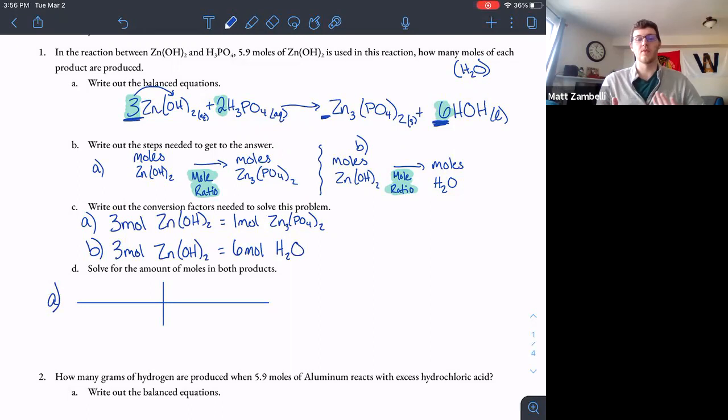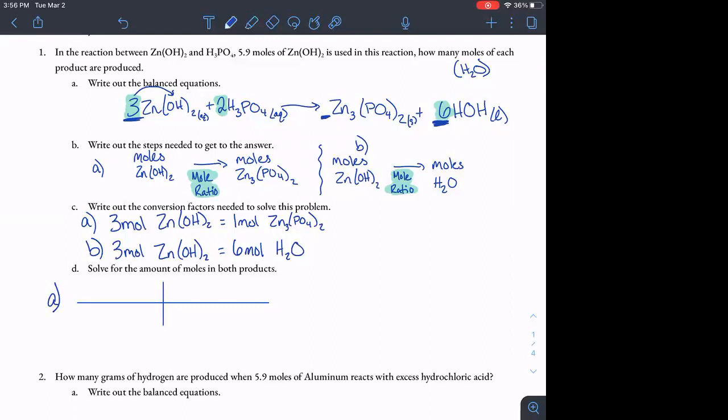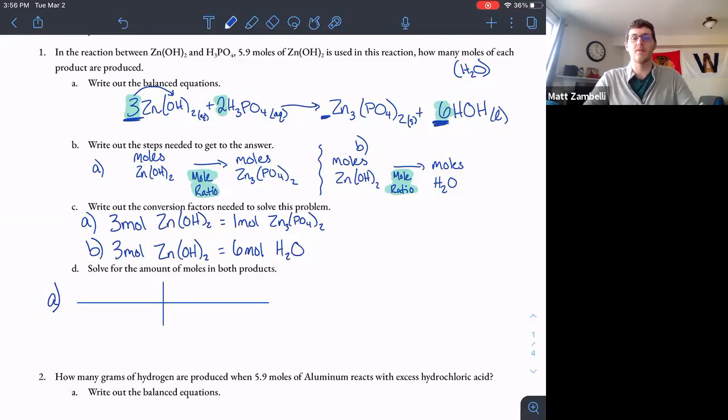We're using the moles from the mole ratio, the moles from somewhere else. How many moles are we putting up here? Careful, we don't put 3 up there. So what do we put in the top left every single time? What are we always going to put up here when we're setting up our railroad tracks?